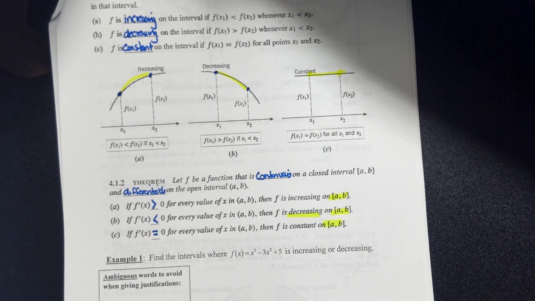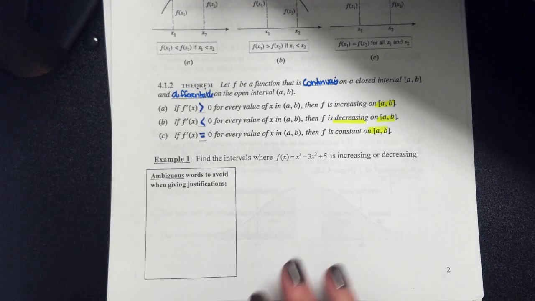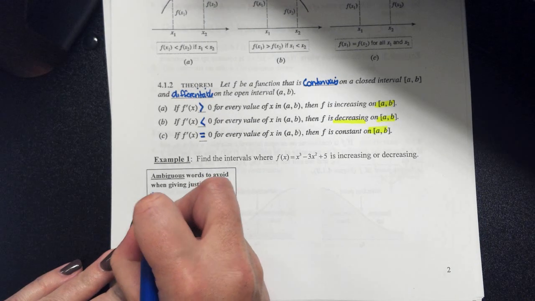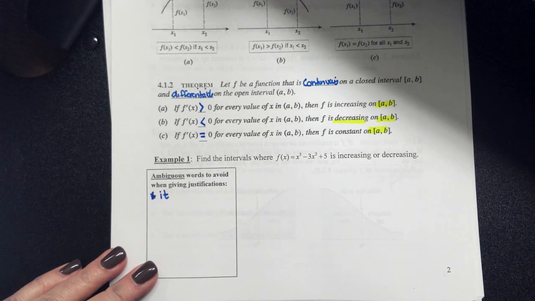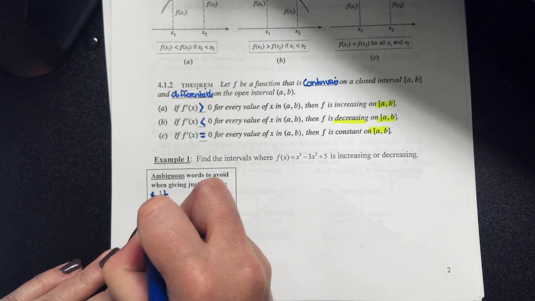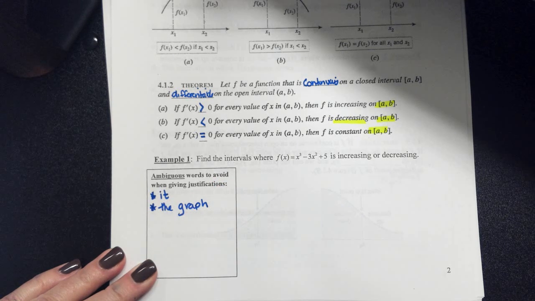Now when we're doing justifications, there are some ambiguous words that we're going to need to avoid this year. One word that we're going to need to avoid is "it." We always want to refer to a function as its name, f of x, g of x, etc., not "it." The graph, again, the graph has a name. Is it f of x?